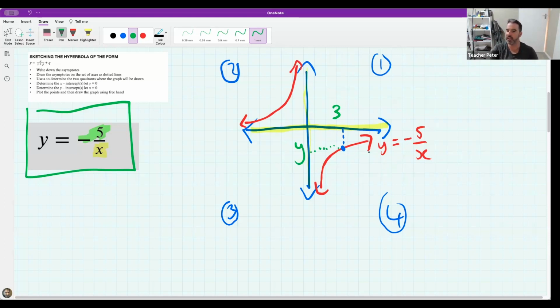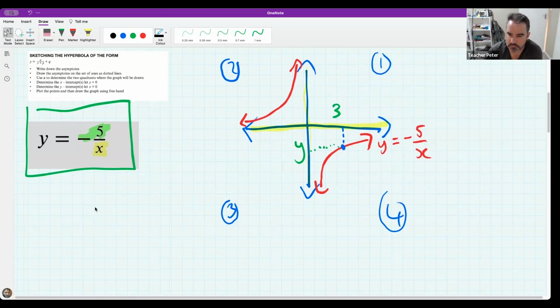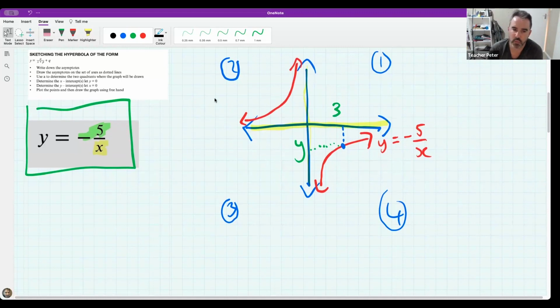It's a little bit interesting, but we know that there's a point on this hyperbola. I'd love you to put it in the chat. What is the y value going to be?